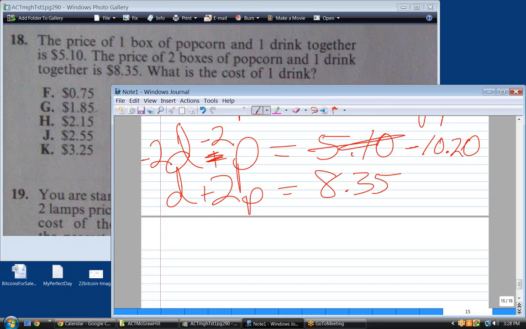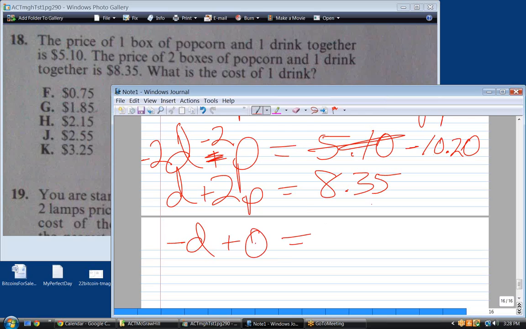What do you get now when you add these two equations? I got a -D there and a D there. When I add those together, what do I get? -D. When I add the P's together, I get 0.